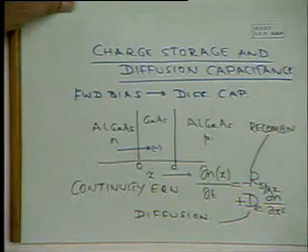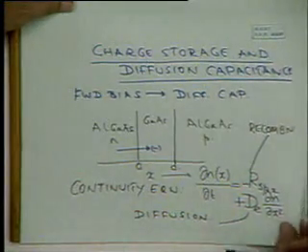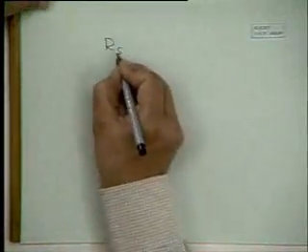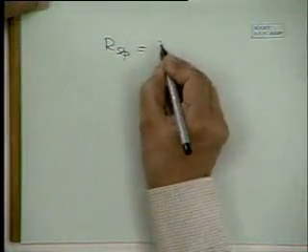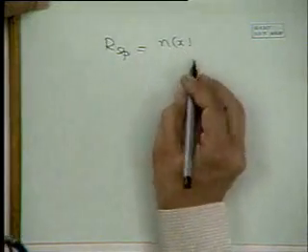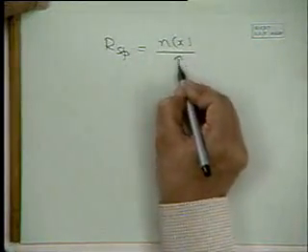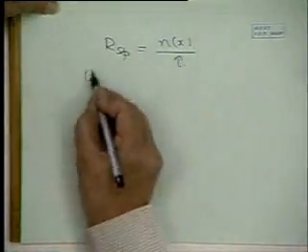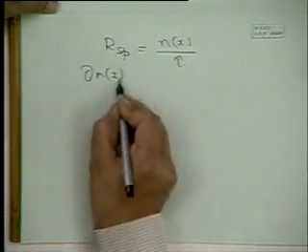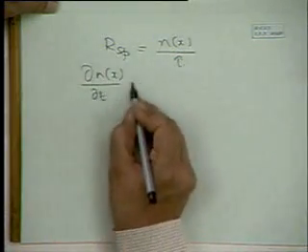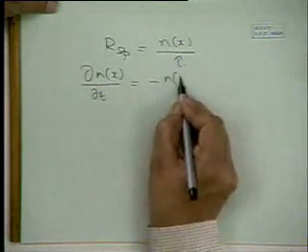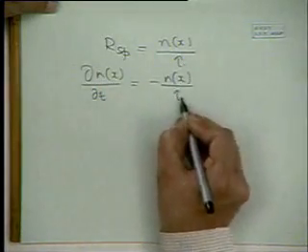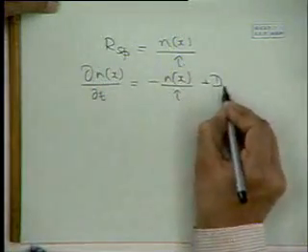We know that R_sp, the spontaneous rate, is nothing but n(x) by the lifetime. So we can write the expression delta n(x) delta t is equal to minus n(x) by tau plus D_E d2n dx squared.